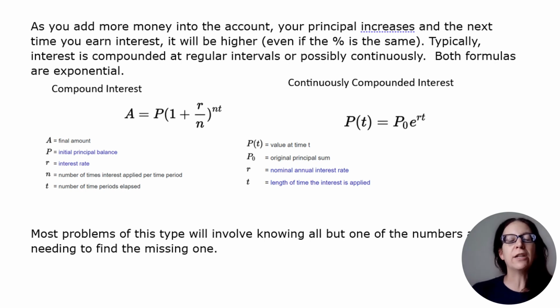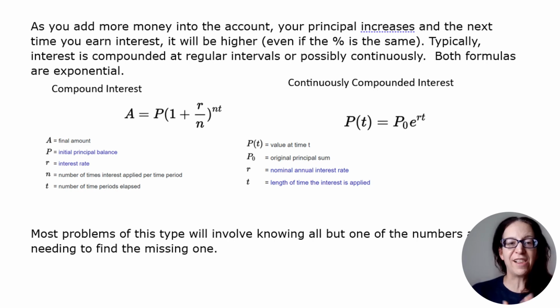So typically, interest is compounded at regular intervals or possibly continuously. Both formulas are exponential. And I believe these formulas are on your reference sheet, so you don't need to have them memorized. The formula on the right, which I notoriously forget because I never use it, is: the total amount of money in your account is equal to P, the principal, the amount that you put in. It says the initial principal balance. It's like the starting amount.